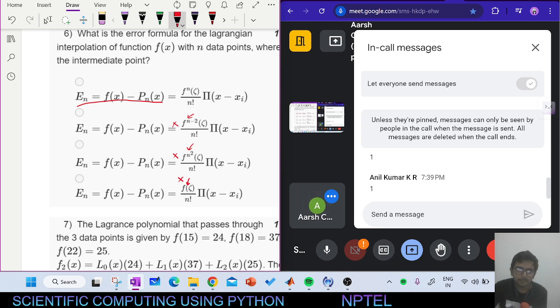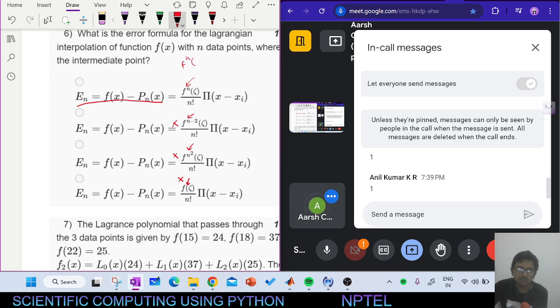Because it's up to the nth derivative, and then the product is x minus xi. This is given in the lecture notes. And what I wanted to point out is that this is eerily similar to Taylor's formula, right? Taylor series.